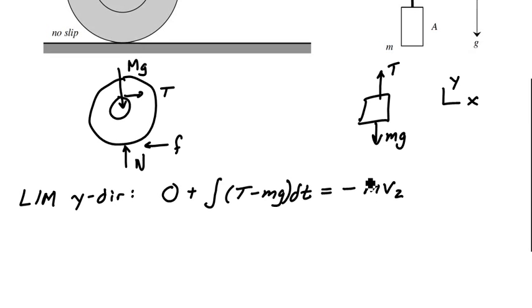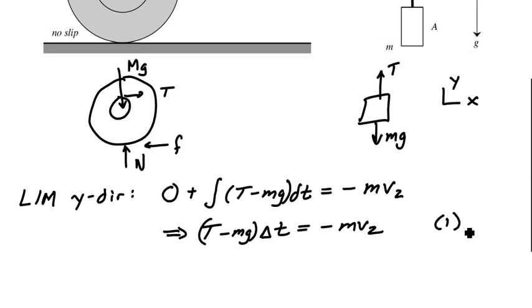I'm putting the minus sign here to account for the fact we're going down, and v2 will be downwards positive. I can go ahead and assume that the average force is active over the interval, so I'm going to have here T minus mg times the amount of time elapsed, delta t, equal to minus m times v2. Let's call that equation 1.